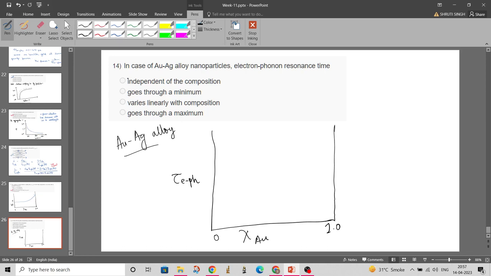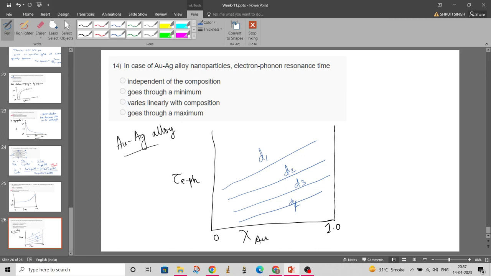For different diameters D1, D2, D3, the graph is linear.